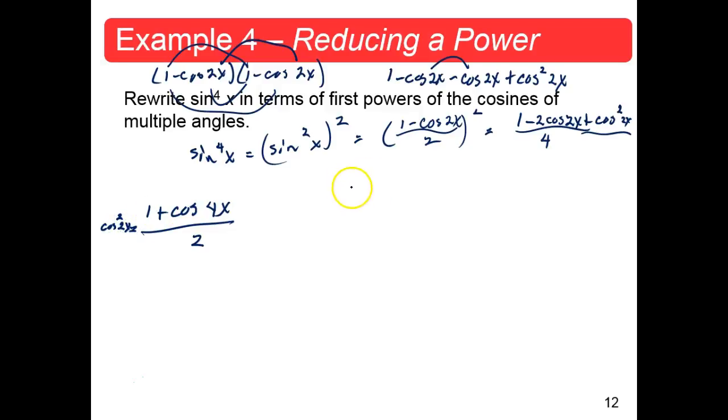So let's take that and plug it into this. You have a 1 minus 2 cosine 2x plus a 1 plus cosine 4x over 2, all over 4. Okay? Well, that's a little awkward looking, isn't it?